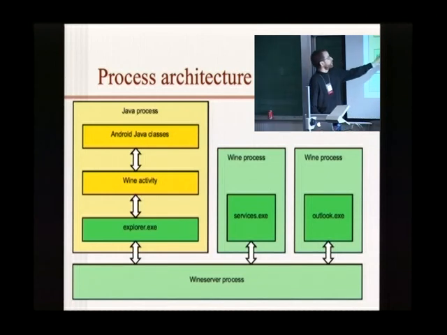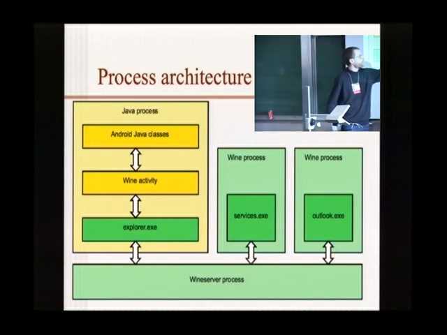So these get loaded inside the Java process. But when you want to start a new wine process, then you cannot do that from Java because it will all be still inside the same process. So what I do is fork and exec the wine process, which is then a purely Unix process. It has no Java, it's basically a Linux process.